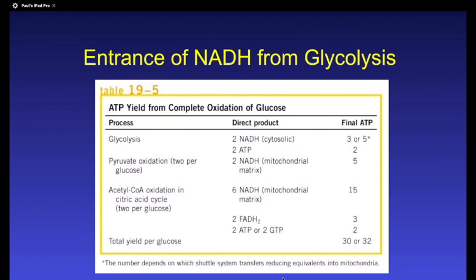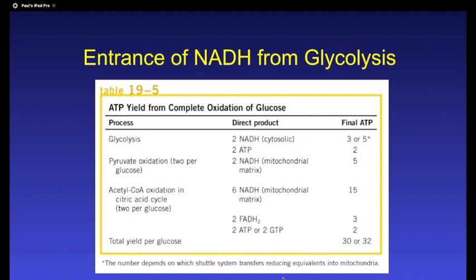The malate aspartate shuttle is much more efficient, but the only way that that works is if there is more NADH on the outside of the mitochondria than on the inside. Very rarely does that ever happen. There are a couple tissues that do that. The heart is one of them that can allow that to occur. Almost every single other tissue that we have, the balance is not right.